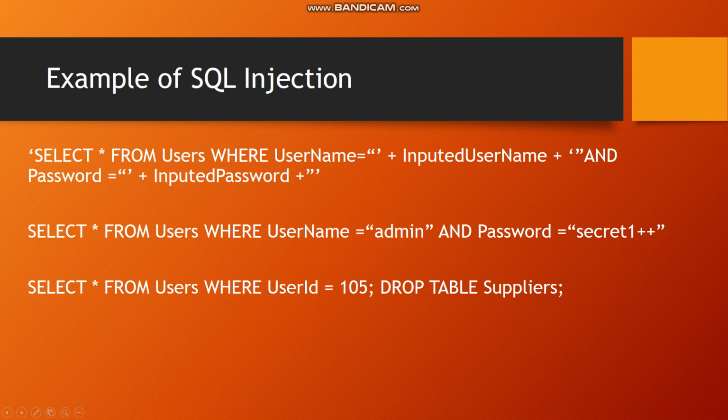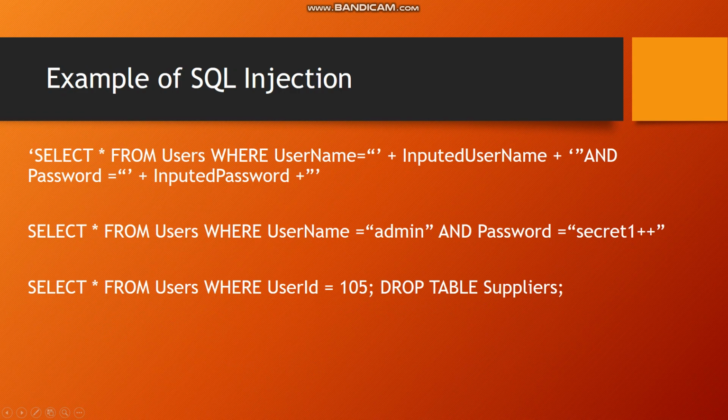So let's take an example of this one. Let's hope you understand the basics of SQL queries. If not, this is very simple. What we are saying is select star from users. Star means asterisk, which means give all the values from a table, and the name of the table is users.